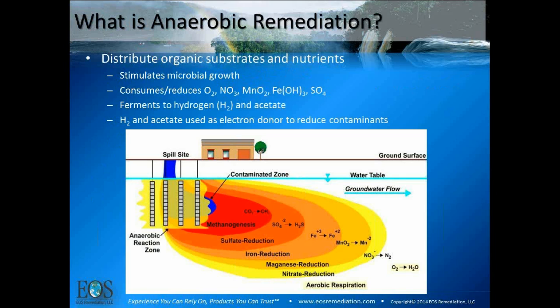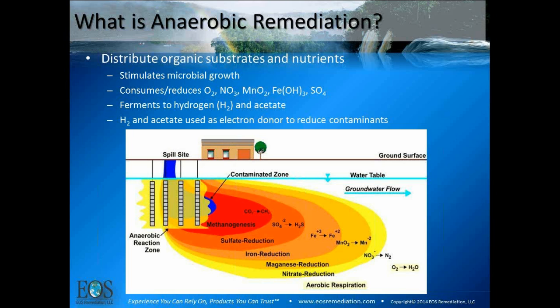At this point, let's go back and make a brief definition of what anaerobic remediation is. As most of you already know, anaerobic remediation is distributing an organic substrate and nutrients into the subsurface. This organic substrate serves as an electron donor. It stimulates microbial growth.